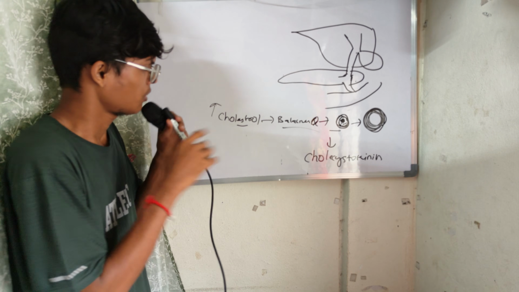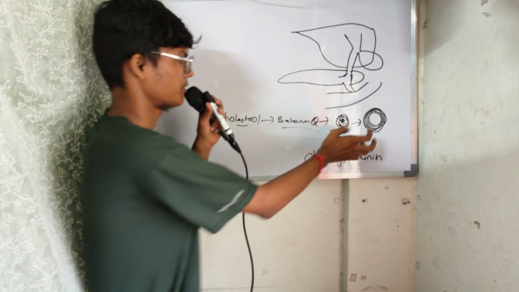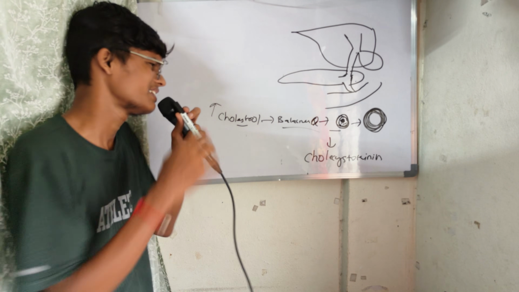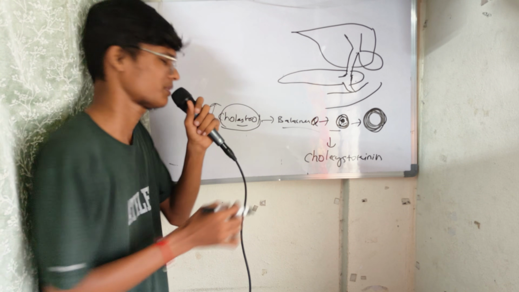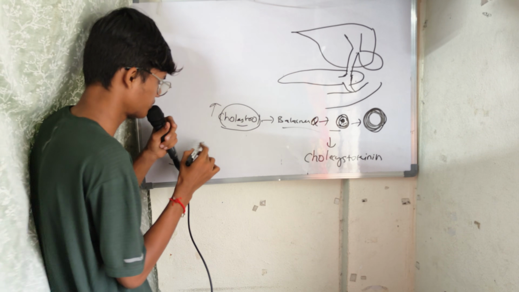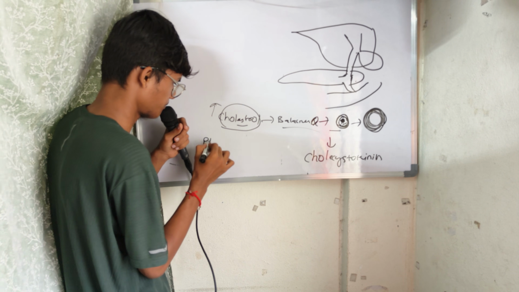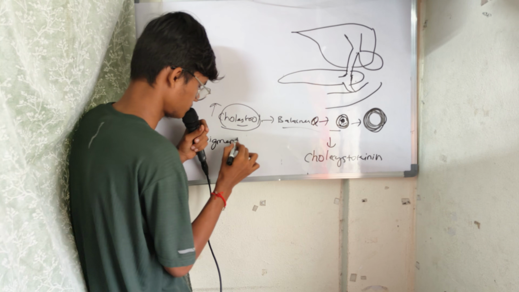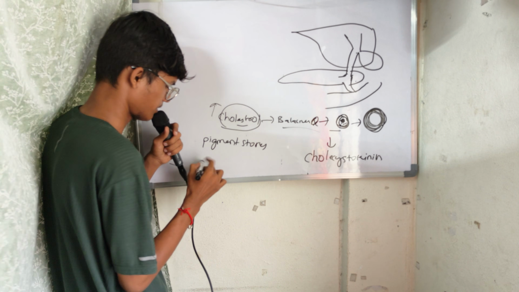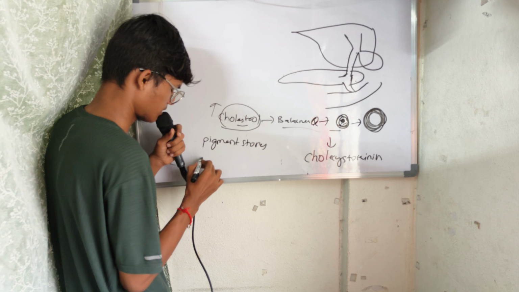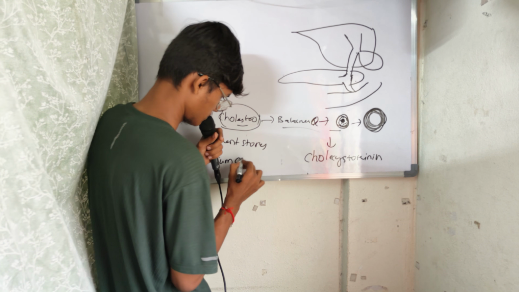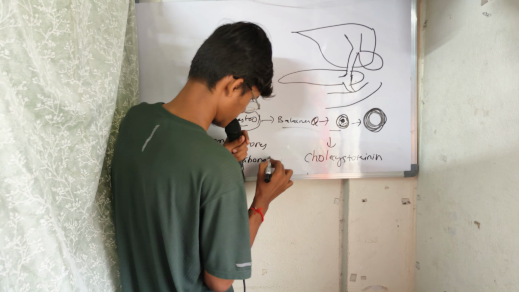Then what is next? From that time we are thinking stones are formed. Are only cholesterol stones formed? No. There might be formation of pigment stones, that is bile pigment stones, and then calcium carbonate stones.